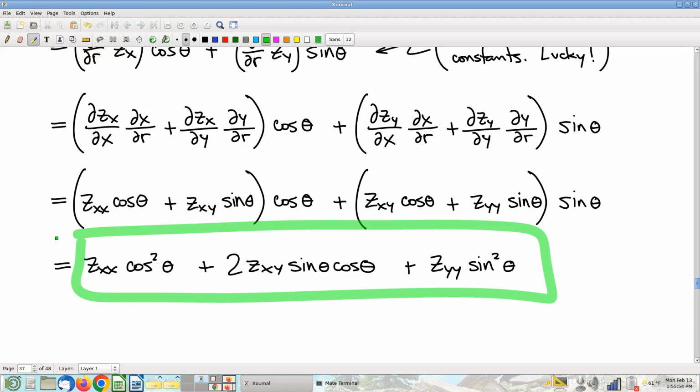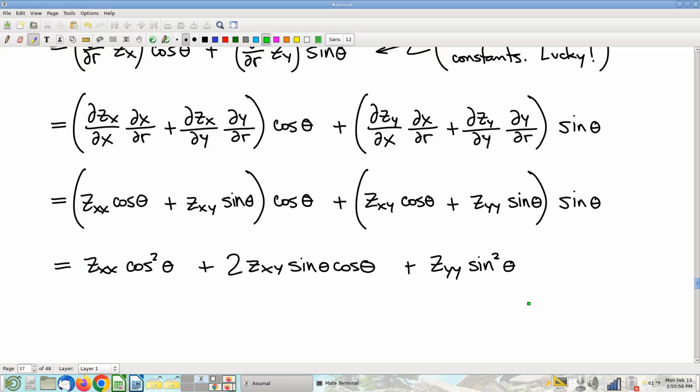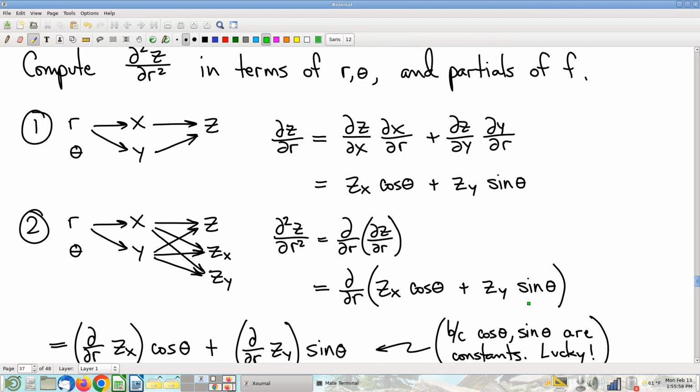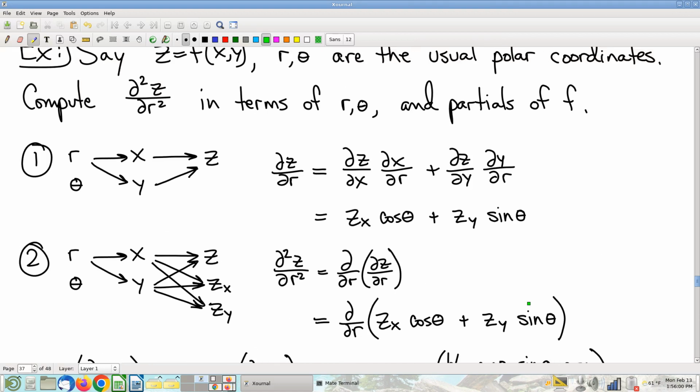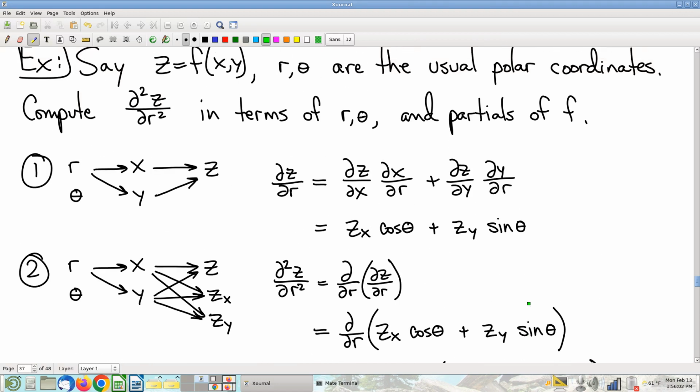All right. So the big advice that I'm going to give on questions like this, a couple of things. First of all, make sure that when you take a partial and thus new variables appear, you add them to your diagram so that you can see explicitly where they come from, what they relate to, and how the chain rule might be necessary at some point.